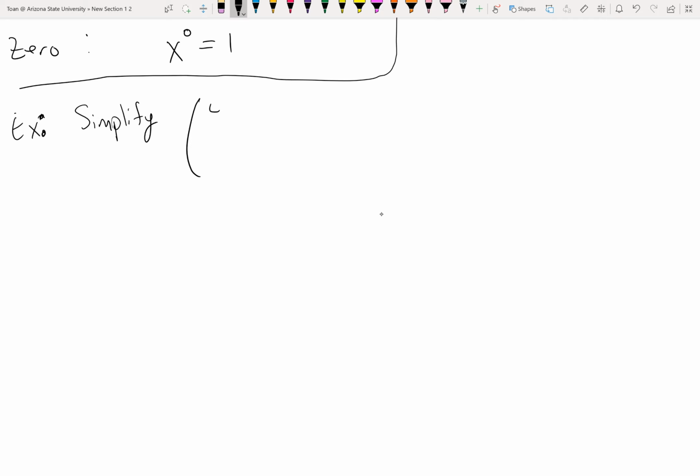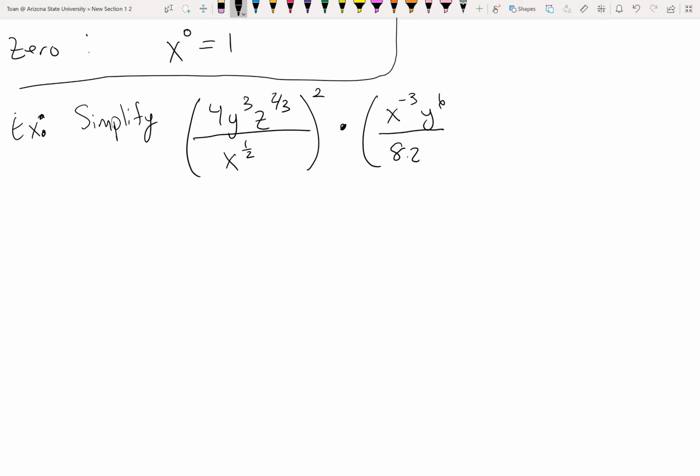Parentheses, fraction bar, 4y cubed, z to the 2/3 over x to the 1/2 power, raised to the 2nd power, times another parentheses, x to the -3, y to the 6, over 8z to the 4, raised to the 1/3 power. Now I know at first glance this is very intimidating, but take it slow and steady. Let's use our suggestions in order.